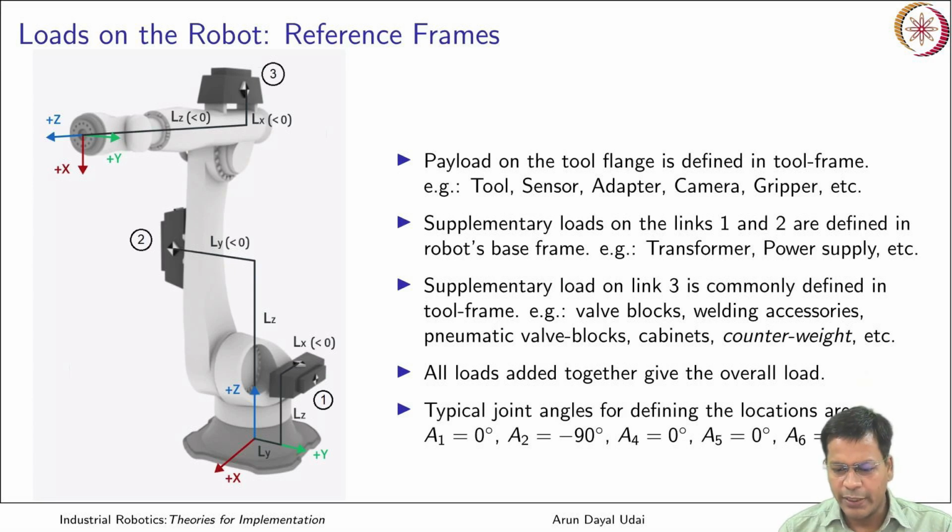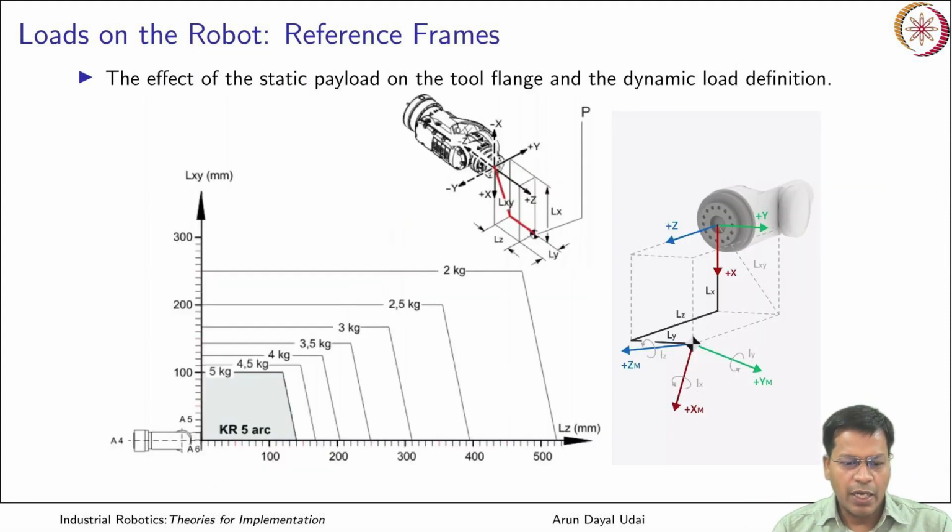Typical joint angles for defining this location, the canonical position, are this one. Got it? Now, the effect of load on the robot. If it is only the payload, this is given even in your data sheet: where it can lie, how it should be.